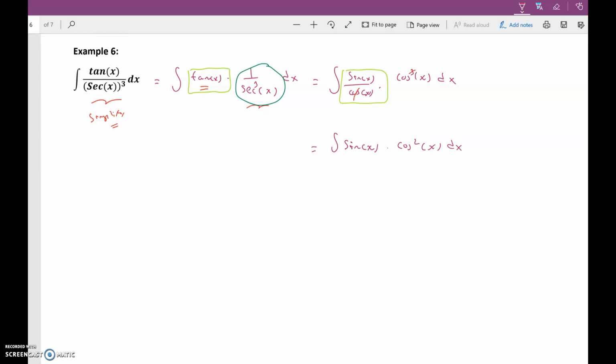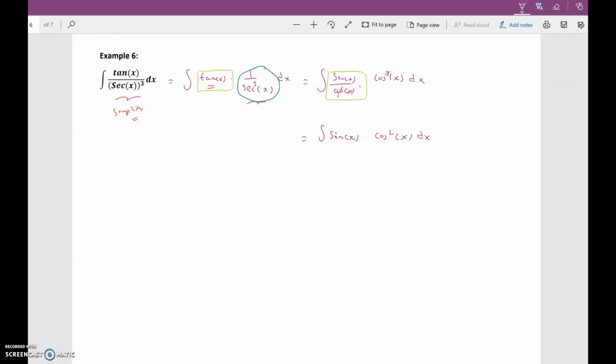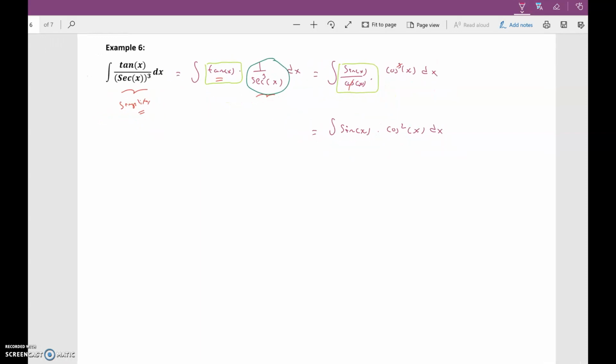And then we can try to do the substitution of the u's here. So we may have to go back to the drawing board, or you could have also taken a different approach and expressed your answers as secants and cosecants. But in this case, let's take a look.